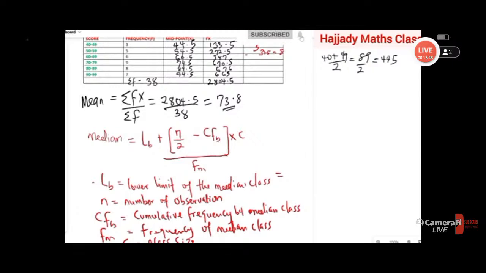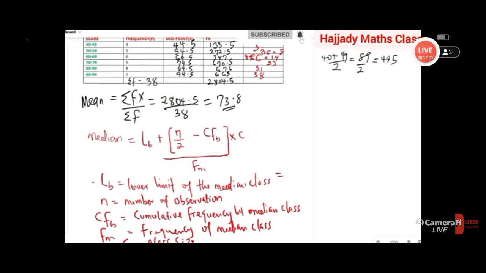Then the previous value, 8 plus 6, gives us 14. Subsequently, 14 plus 9 gives us 23. 23 plus the next value, which is 8, gives us 31. And the last value, 7, gives us 38. So this is going to give us 38.